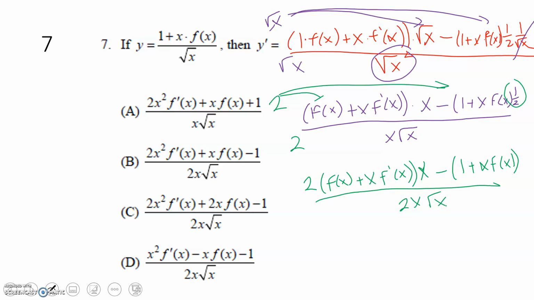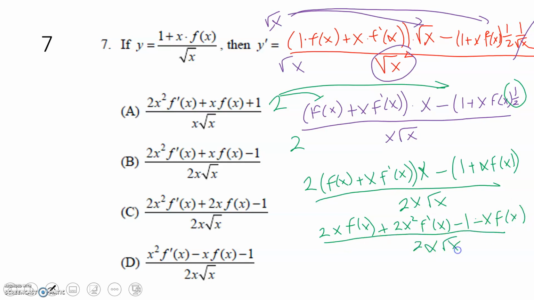Now, just simplifying this and cleaning it up a bit, we get 2x f of x plus 2x squared f prime of x minus 1 minus x f of x all over 2x rad x.